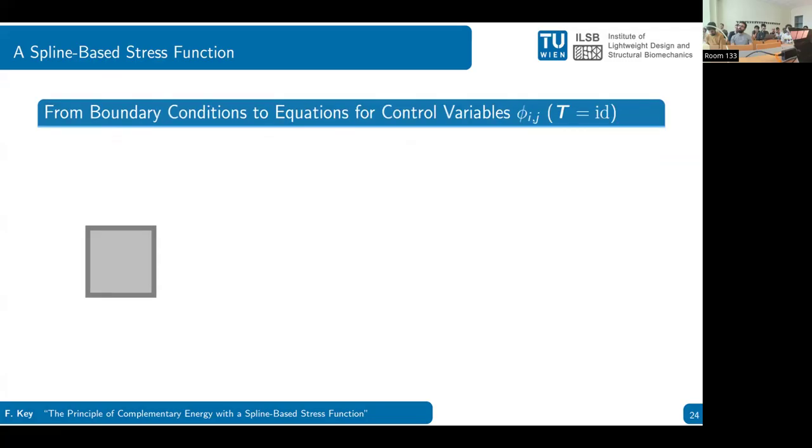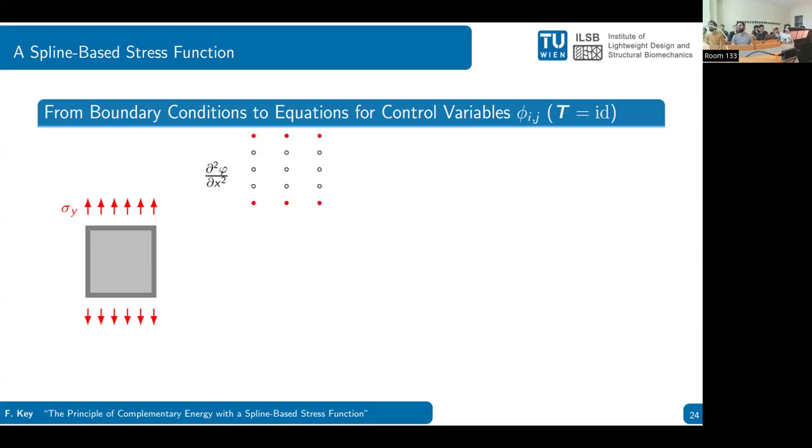Okay, I will show you a simple example for the case where we have no mapping, so the mapping is actually the identity. In this case this is just the unit square. So assume you want to prescribe the normal stress sigma y.